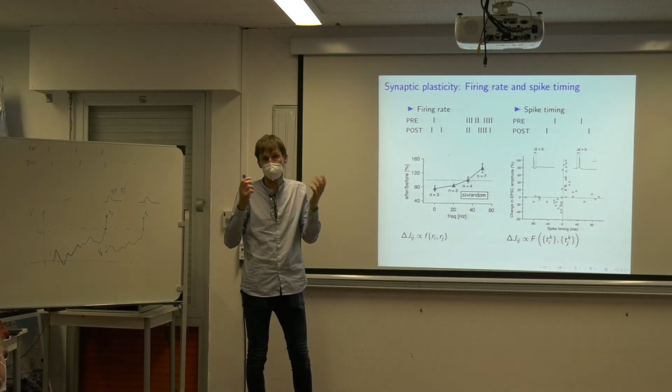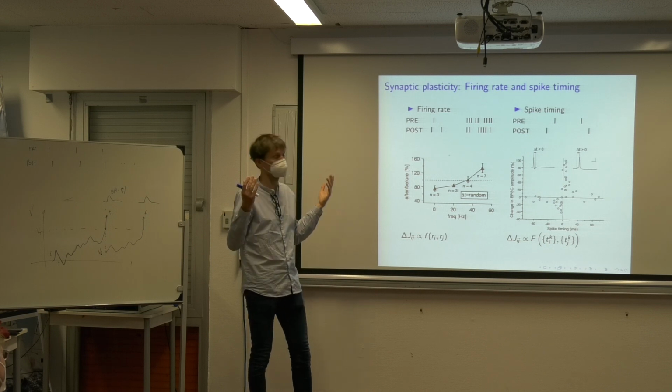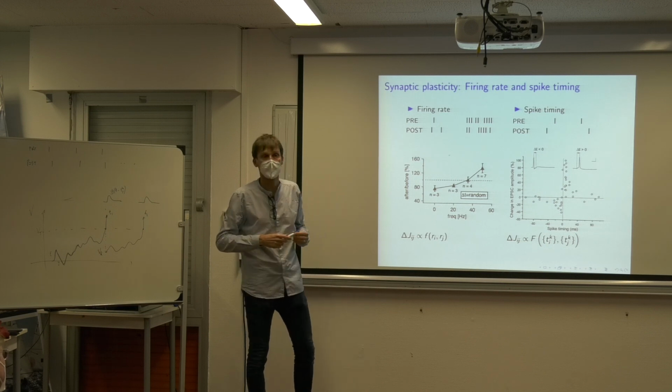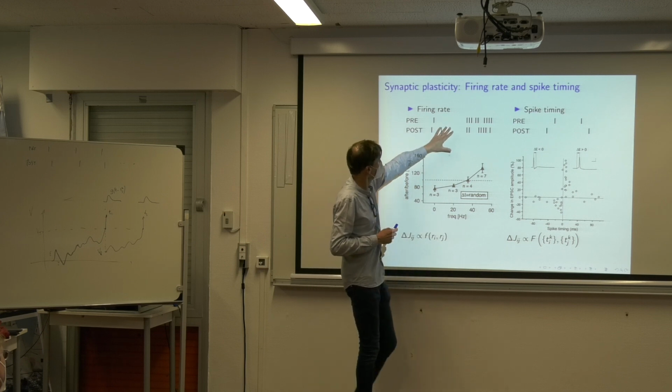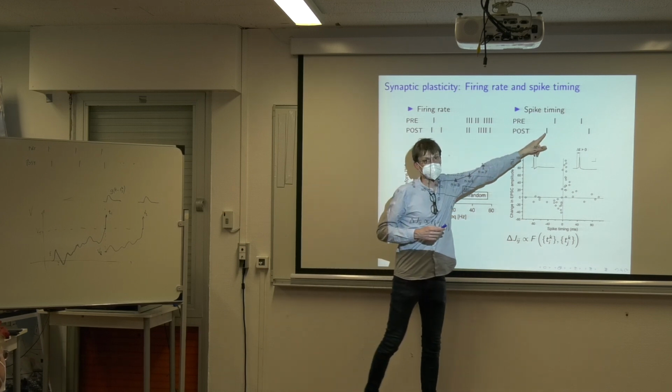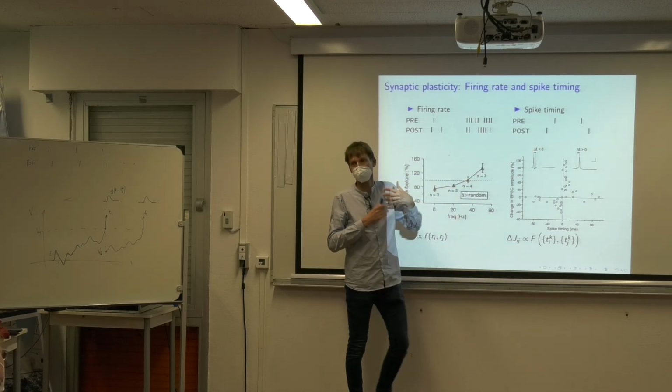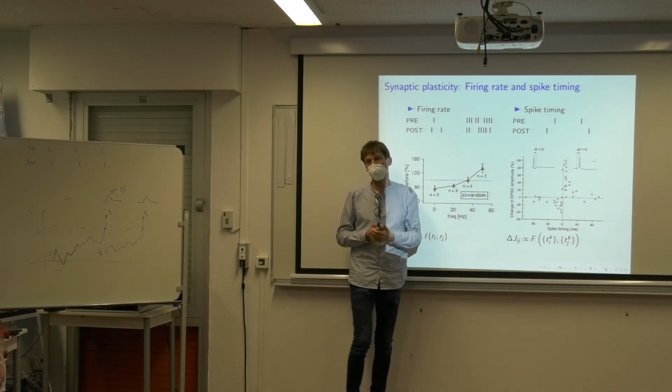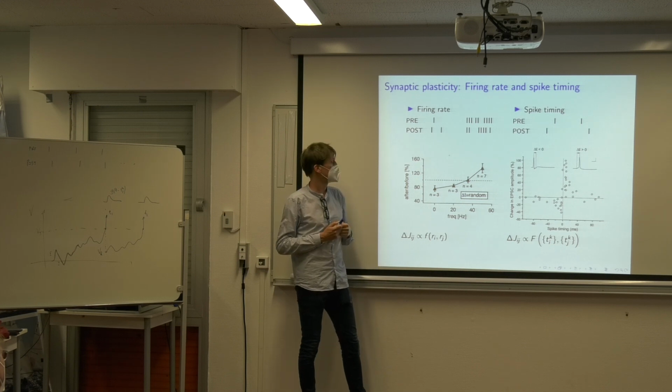There are in fact lots of other experiments where people just say, okay, let's just increase the firing rate of these cells. And this is an experiment where they actually use random delta t's for each pair of spikes. They draw delta t randomly from some uniform distribution.